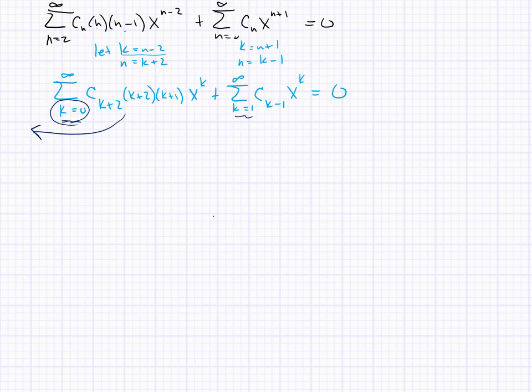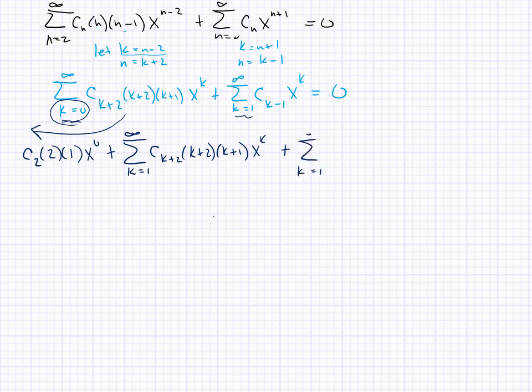So with k equal to 0, I would get c sub 2 times 2 times 1 x to the 0. Now I'll still have the rest of the series to go, which would now start at 1. The series doesn't change. It's still c sub k plus 2, k plus 2, k plus 1, x to the k. And this other series here is still k equals 1 to infinity, c sub k minus 1, x to the k.